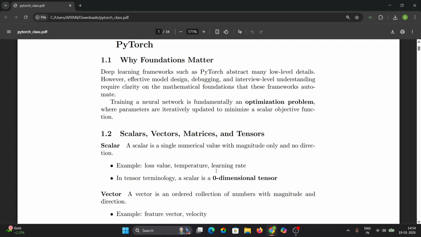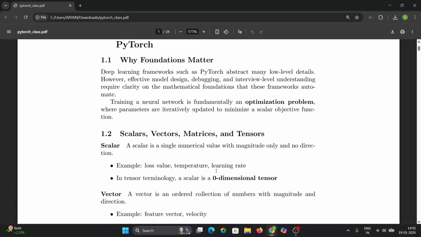PyTorch is a deep learning framework which already has functions that abstract all the low-level details inside them. Like the dot backward function, through which you don't need to do the gradient work, finding the partial derivatives of the loss with respect to the parameters. You don't have to do these things; when you write loss dot backward, it does it automatically.